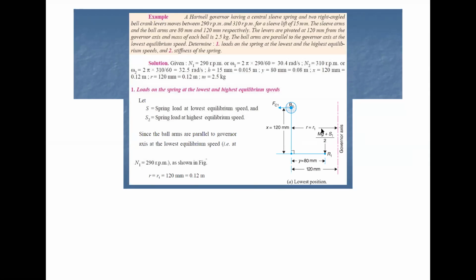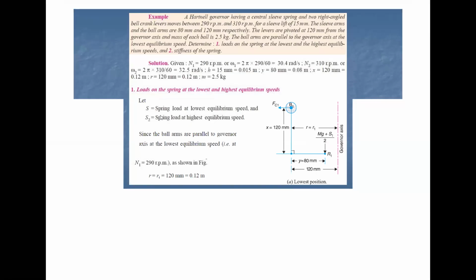One belongs to the sleeve mass and the other belongs to the spring force. So Mg plus S1 by 2 is here. This belongs to the lowest position diagram.